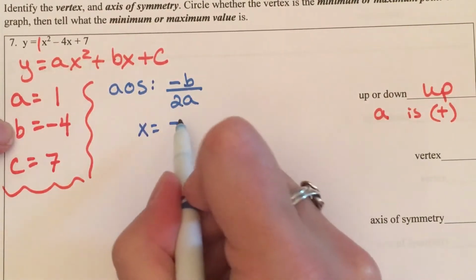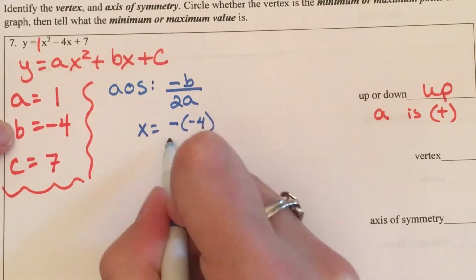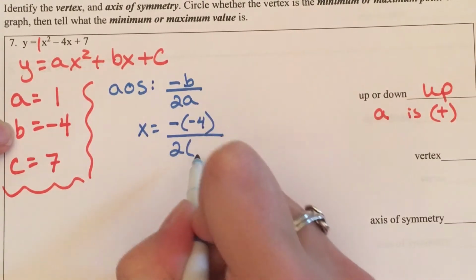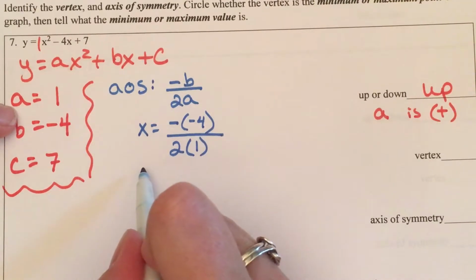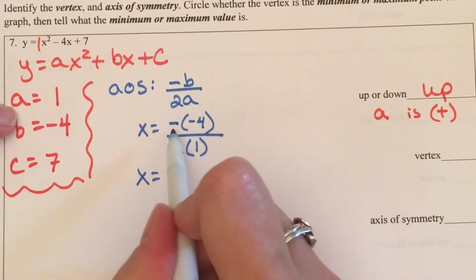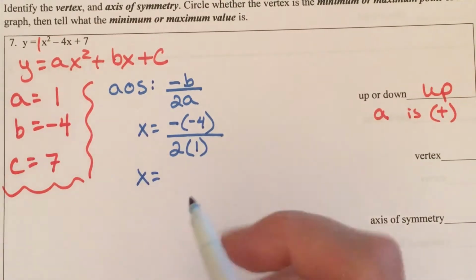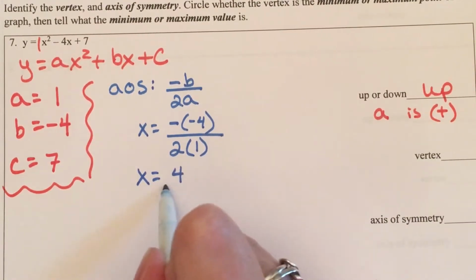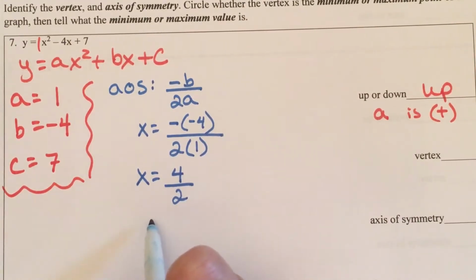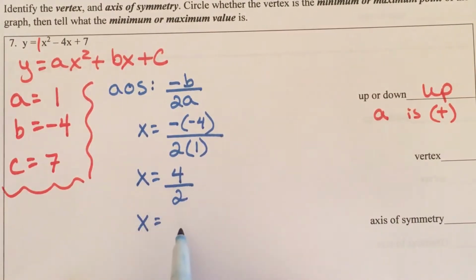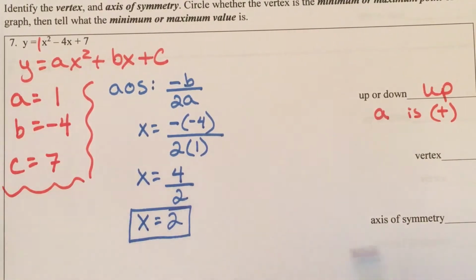Minus b, which is a negative 4, all over 2 times a, which is 1. What's a minus and a minus side by side? Positive 4. 2 times 1, 2. And the last time I checked, 4 divided by 2 is 2.